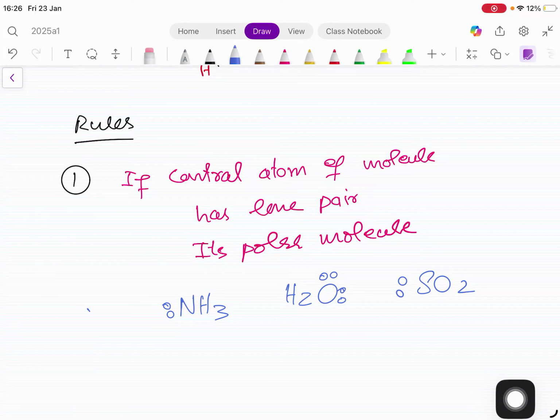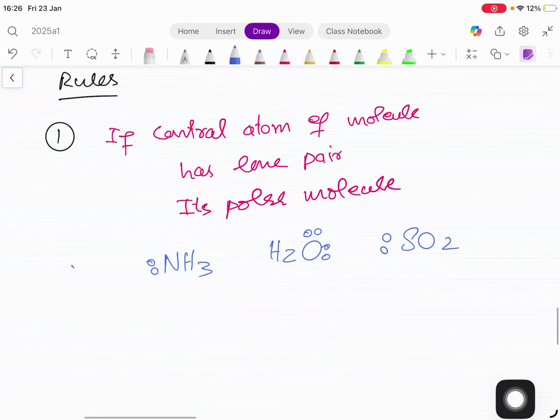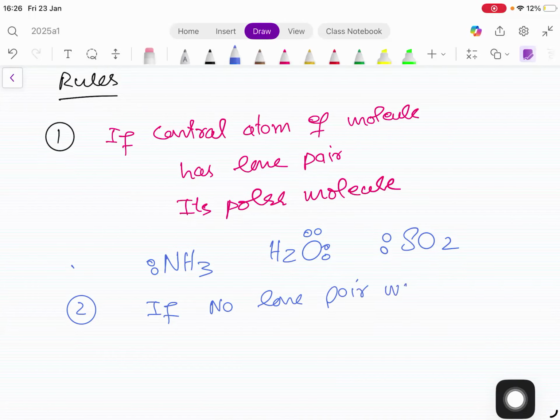On the other hand, if there is no lone pair on the central atom, then there are two cases. Still, they can be polar even if they don't have a lone pair. If there is no lone pair with the central atom, then we have two cases.